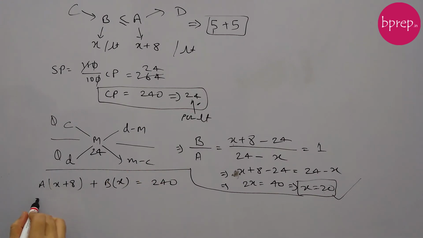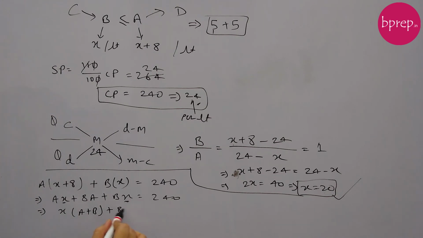So if we expand this, we have Ax plus 8A plus Bx is 240, or we can take this x common from here, so we'll have x(A plus B) plus 8A is 240. So what is A plus B? A plus B is total volume, which is 10 liters, right? So from here we get 10x equals 240 minus 8A. So we get this equation.